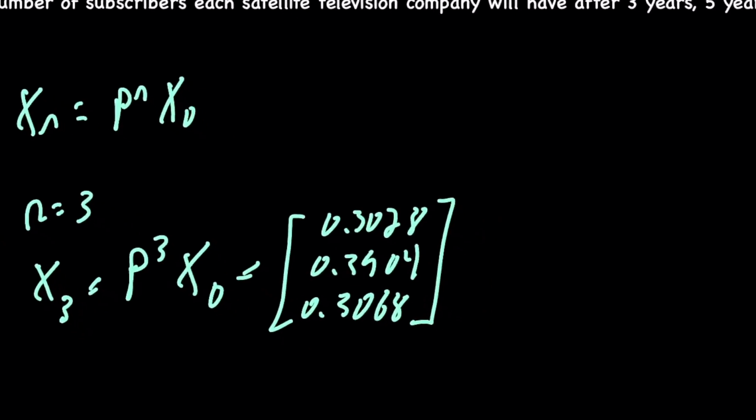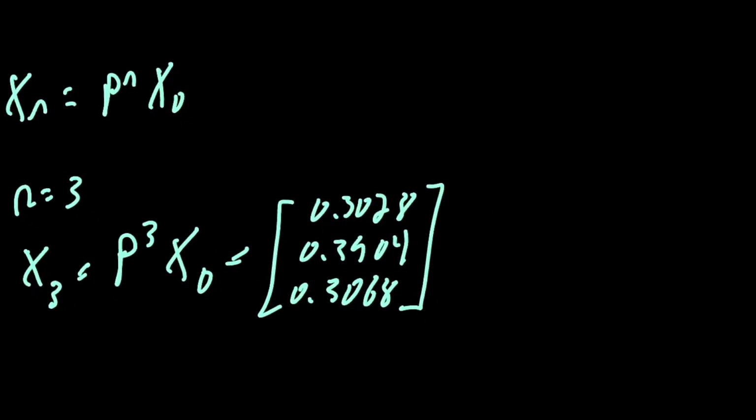And as a result, we have that in 3 years, Company A will have 30,208 subscribers, and Company B will have 39,040 subscribers. Now go ahead and drop in the comments how many people will still not have satellite subscription after 3 years.